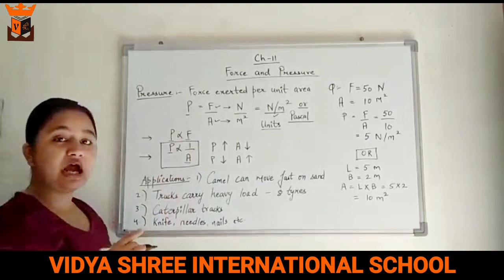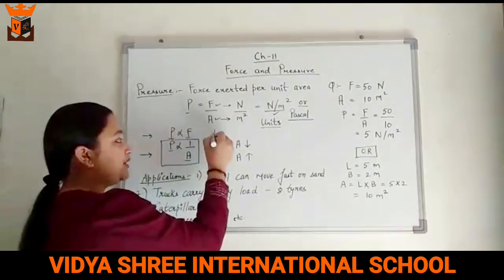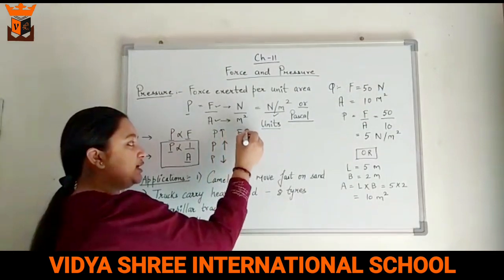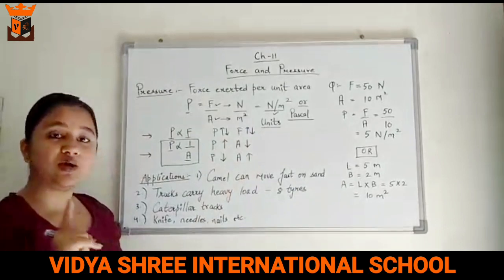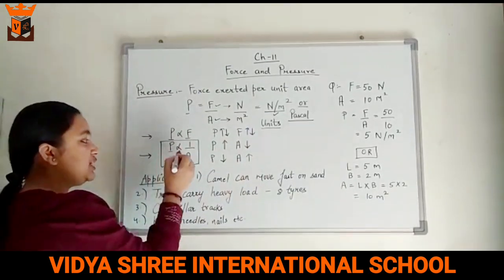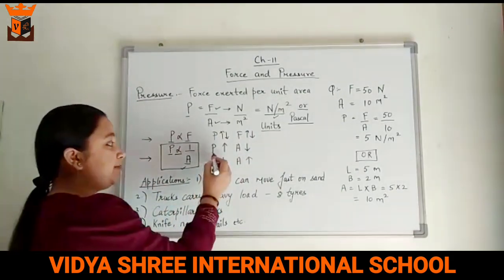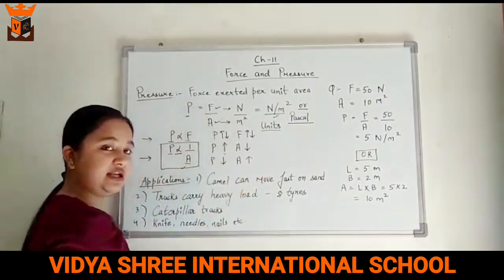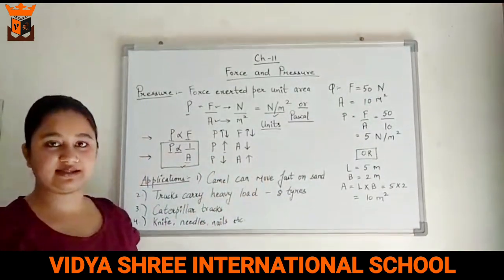Pressure and force are directly proportional to each other. Directly means if the pressure increases, the force will increase, or if the pressure decreases, the force will decrease. More important, the pressure is inversely proportional to area. Means if the pressure increases, the area decreases, and if the pressure decreases, the area increases.